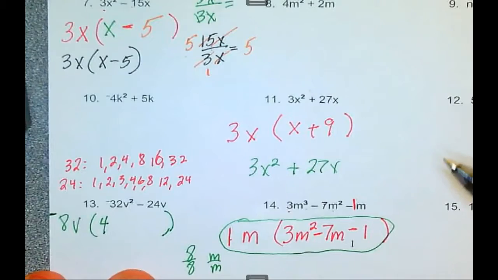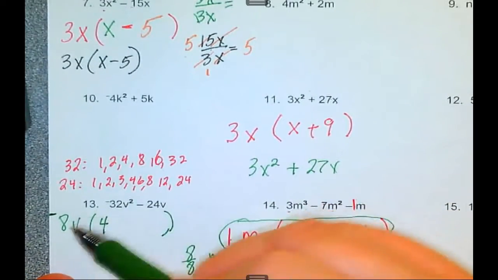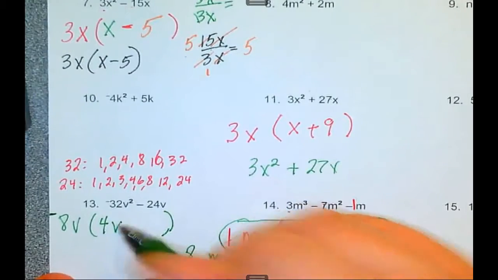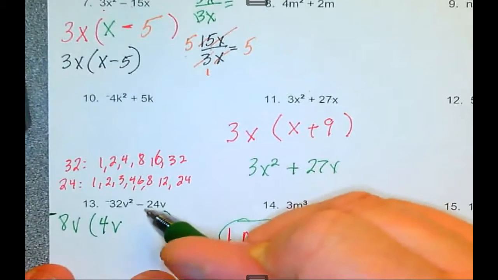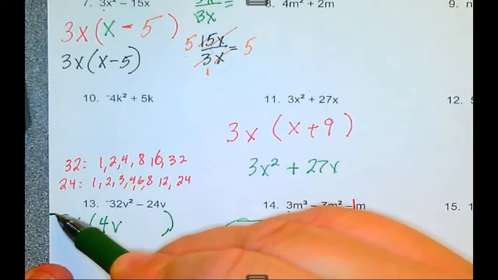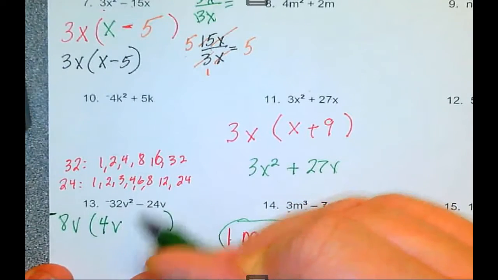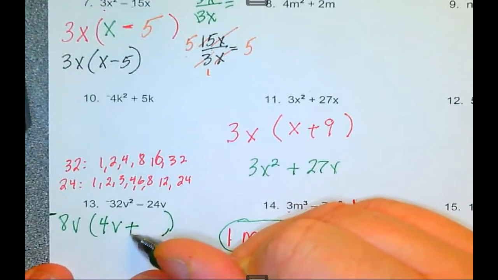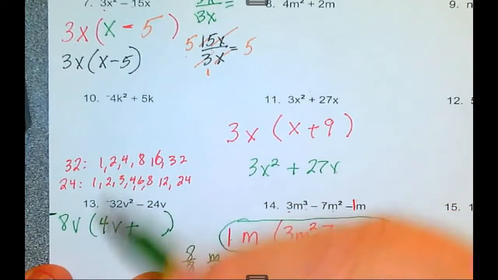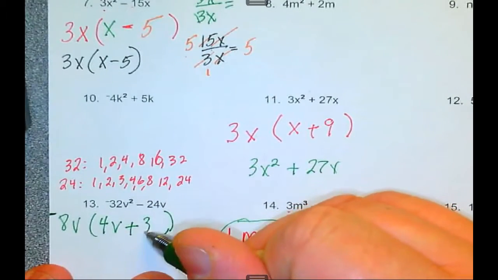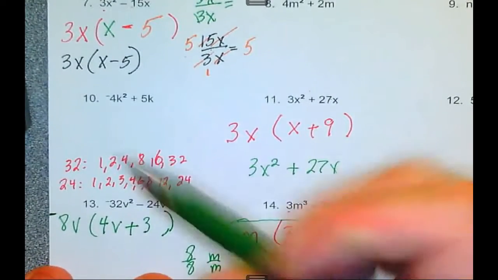If you didn't want to take the negative out, that's fine too. V squared divided by v, v to the first. Now, I happened to take my negative out, so what's it going to do to this sign? It's going to make it positive, yeah. Okay, 24 divided by 8, 3, and I took out the v. So there's my answer.